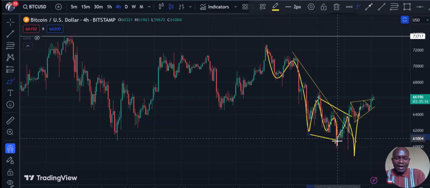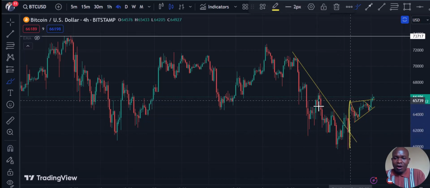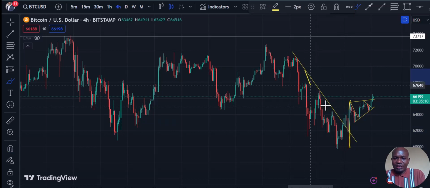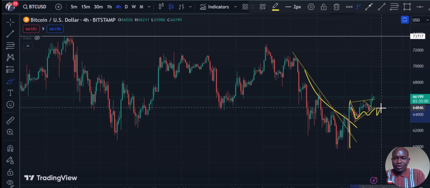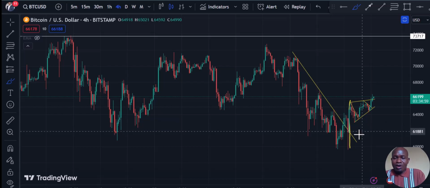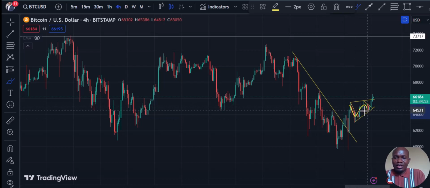So what the market is proving to us here is that it has given us this impulse up that has broken this trend, and now is consolidating above that trend, which is a sign of a reversal. So what do we expect the market to do at this point? From the 4-hour time frame, we should be expecting that Bitcoin has given us a corrective structure, sluggish movement.